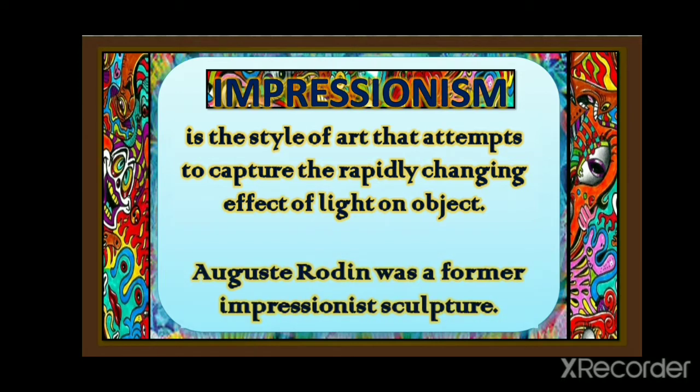Auguste Rodin was a former Impressionist sculptor. Why? Because he, like Impressionist painters, showed everyday scenes and how the colors are reflected from their subject. Looking at an impressionistic artwork, the picture seems to be made of dots of color.